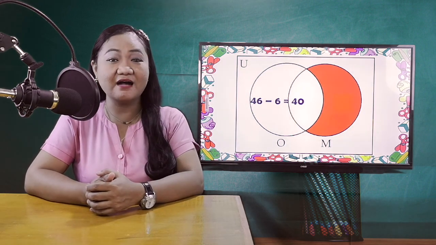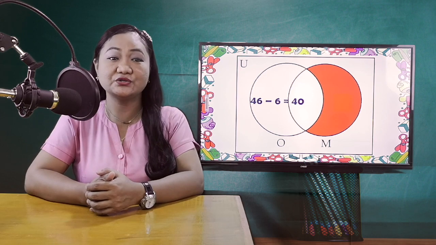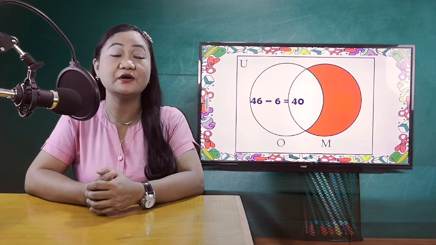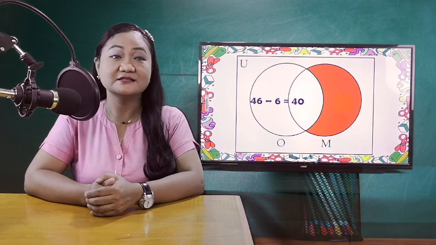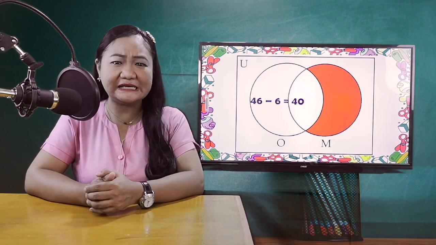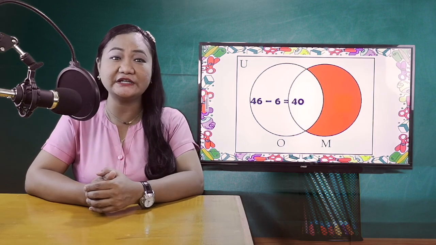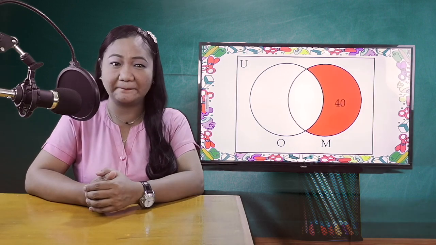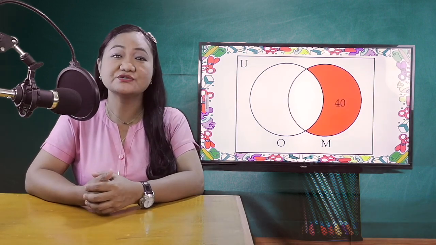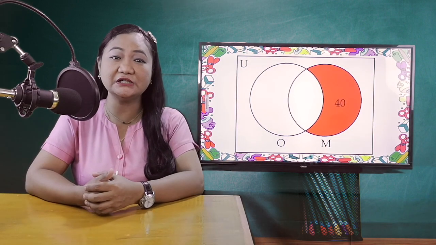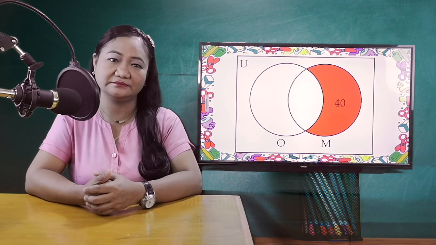Therefore, there are 40 students who chose modular learning only. So, let's fill in the Venn diagram with 40 in the part of set M, which shows students who chose modular learning only, as shown also in this illustration.